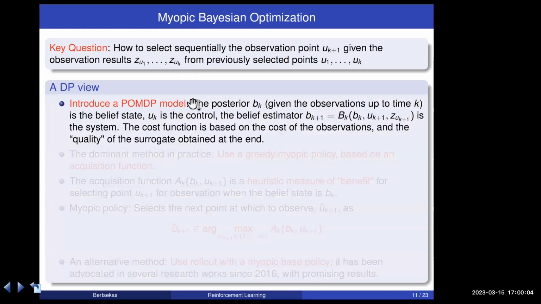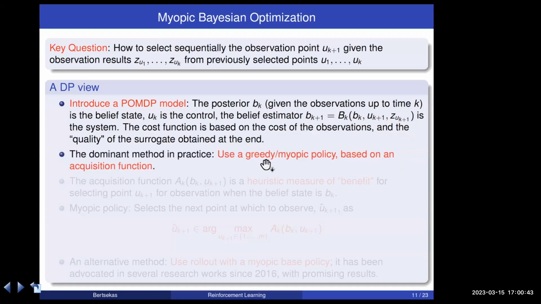We introduce a POMDP model, partial state information model. The posterior distribution, given all the observations up to time k, is the belief state. Uk, the choice of observation point, is the control. That's what you select. The belief estimator is the system, and we have the state evolving under the influence of control, and also there's some noise. The noise Z is the outcome of an observation at the point Uk plus 1. And the statistics depend on both Bk and also on Uk plus 1.